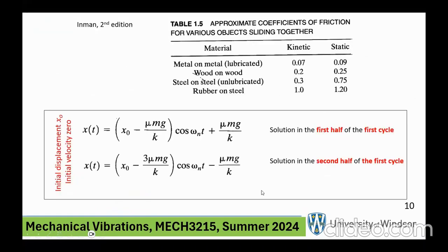If we assume that the block is displaced and released from the rest condition, so if the initial velocity is 0, you can see that, for example, in that case, sine will disappear, will not be there, but cosine will be there. Okay, so there we are, right there. For example, if you move the block to the right by the amount x naught and release it, the solution to that equation is going to be right here.